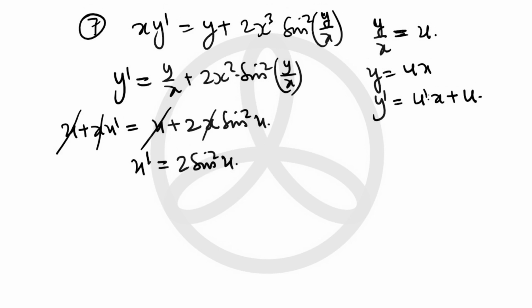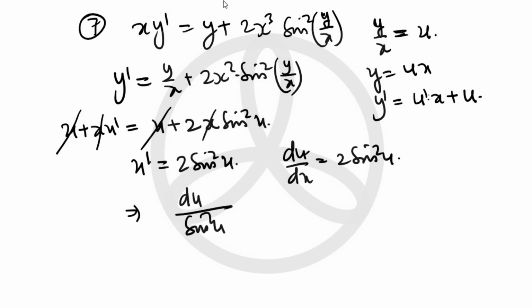And this can be written as du/dx is equal to 2 sine square u, and this will be du/sine square u is equal to dx. This gives us cosec square u du is equal to dx.